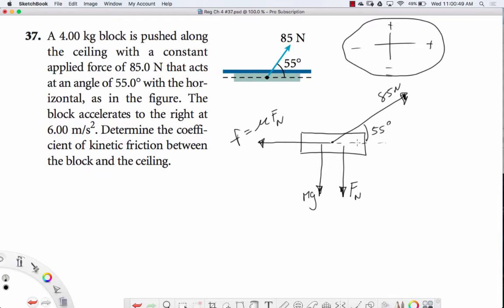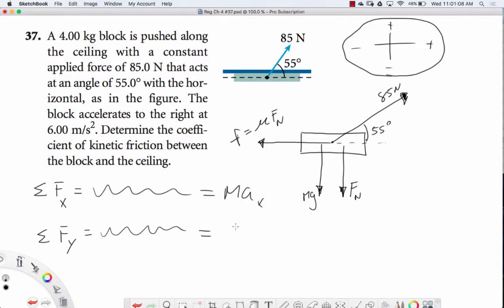So the next thing we do after the free body diagram is done is we're going to sum the forces. So we're going to sum forces in the x direction, and we're going to sum forces in the y direction. When you're done doing the sum of the forces, what is it always equal to? MA. Where that's an x acceleration, and that's a y acceleration. Okay, real quick though, which way is our acceleration here?